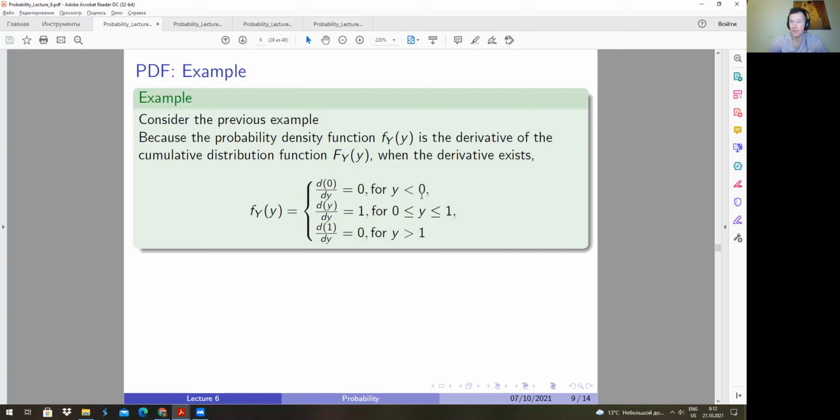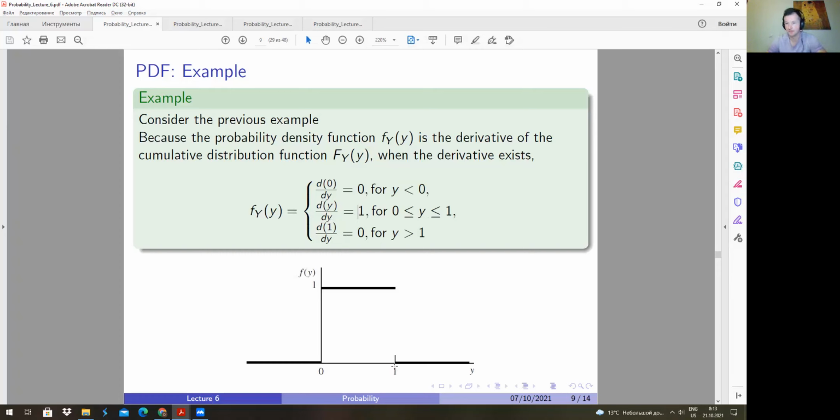Basically, for y less than 0, the derivative of 0 is 0. For y between 0 and 1, the derivative of y is 1. And for y greater than 1, the derivative of 1 is also 0. So the probability density function is 0 for this interval, 1 for this interval, and 0 for this interval. So the graph is going to be like this.